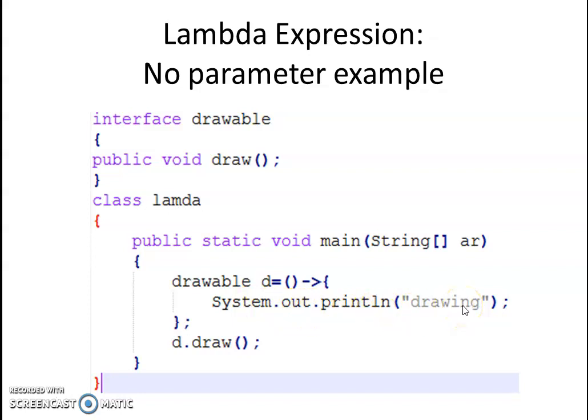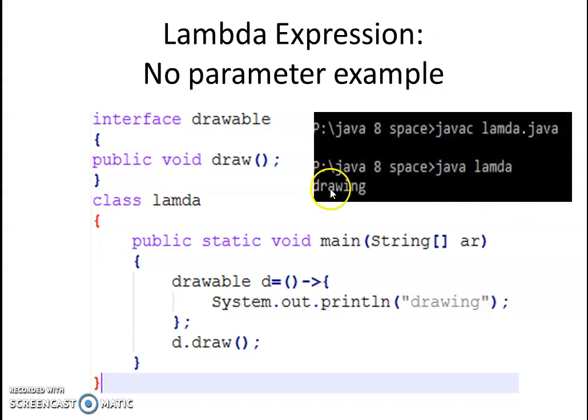Inside double quotes we are writing drawing, and that is the end of the Java lambda expression. Now we are invoking the draw method of this D. This D is referring to drawable. So when we compile this code and then run it, the output will be drawing.